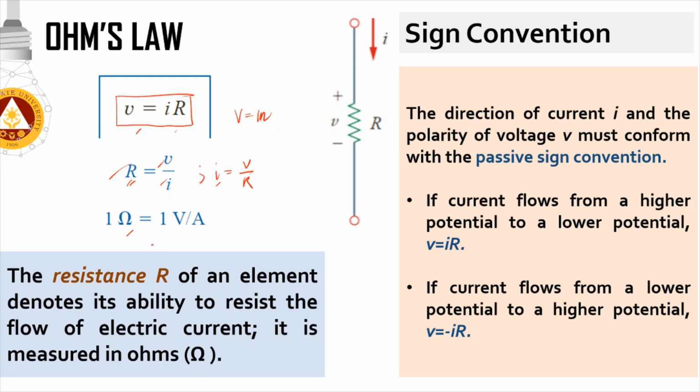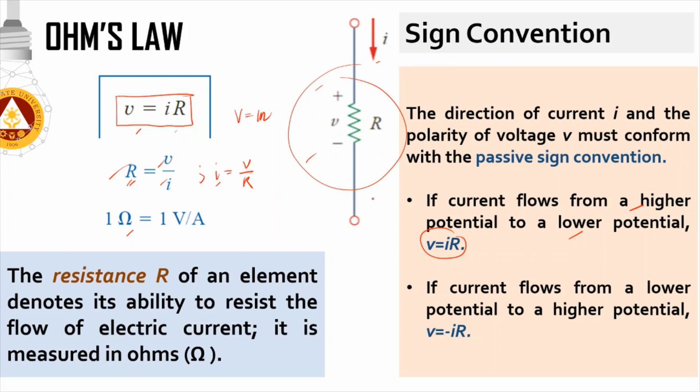Now, how about sign convention? Okay, take note, if we have this element in a circuit and the current flows through our element from positive to negative polarity of the voltage, or from higher potential to lower potential, our V, or the voltage across the resistor, is positive.